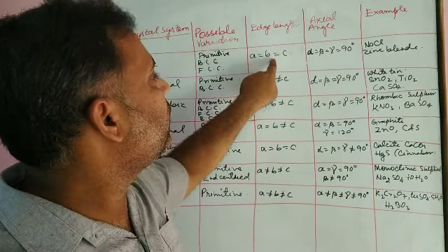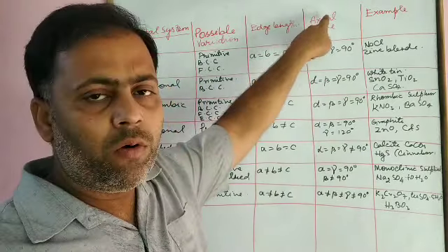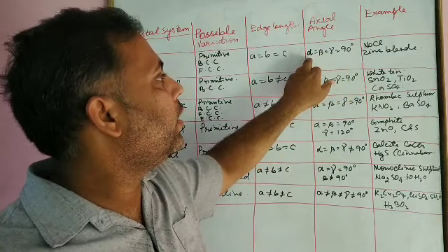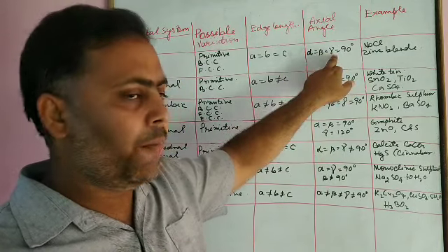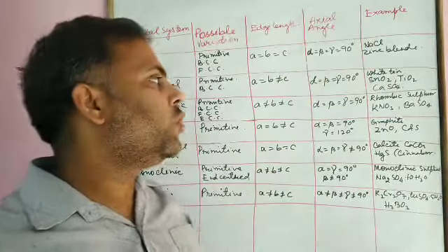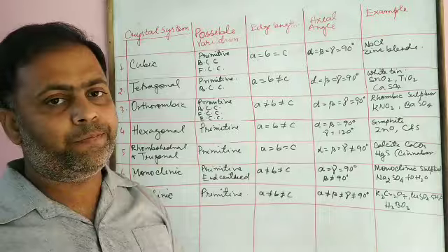And we know the angle between all the sides is 90 degrees: alpha equals beta equals gamma equals 90 degrees. As examples we have sodium chloride and zinc blende.